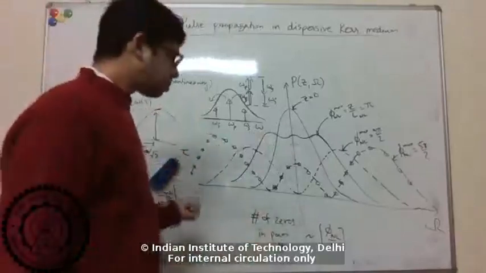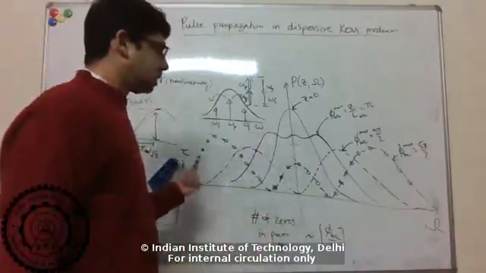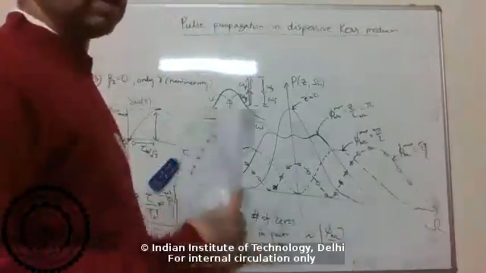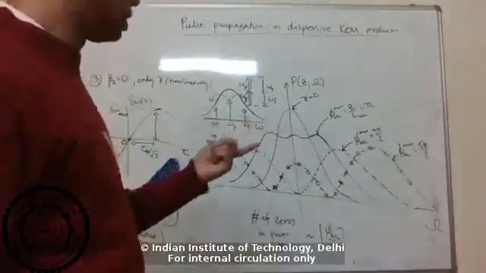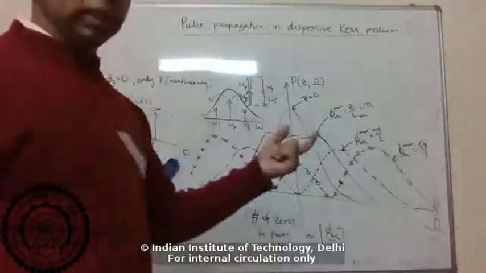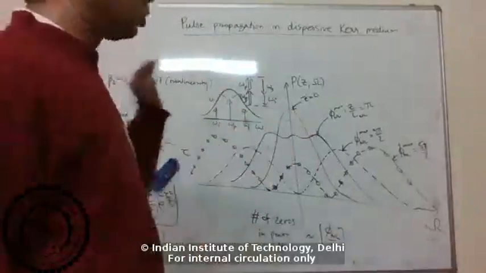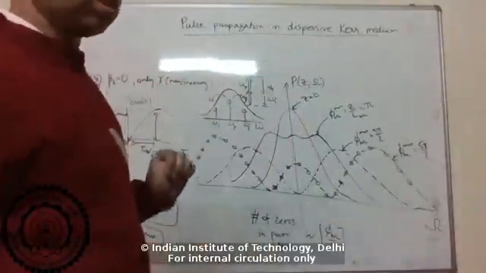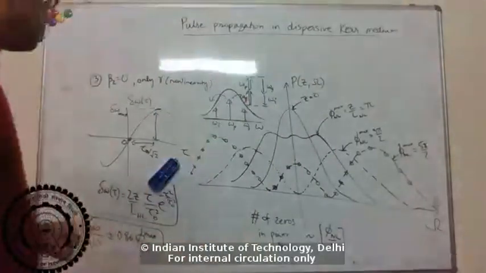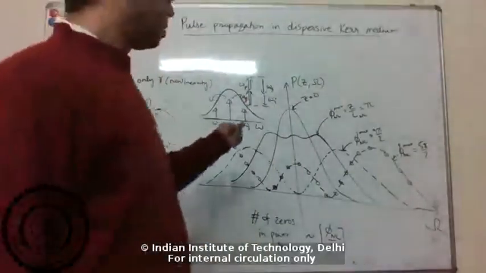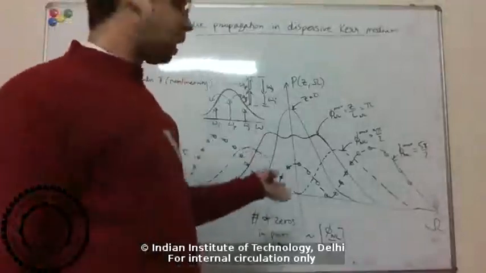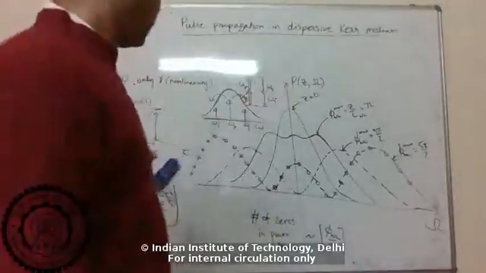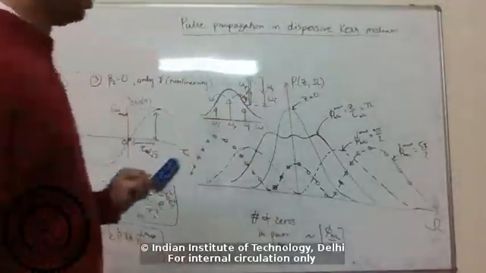So what is happening is that the relation of the bandwidth being the inverse of the temporal width is true only for a transform limited pulse, a pulse which has no phase across the pulse, or a constant phase. But we saw that in both the case of dispersion and nonlinearity, you're introducing a chirp, or a time dependent phase across the pulse, and that is what is giving you these effects.